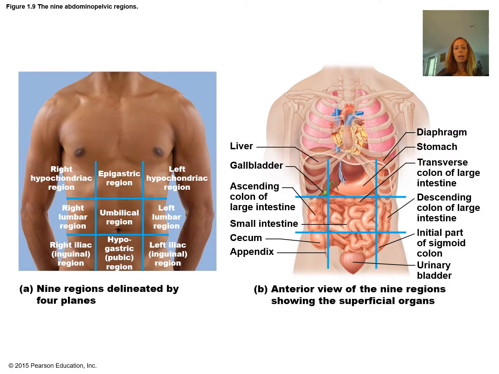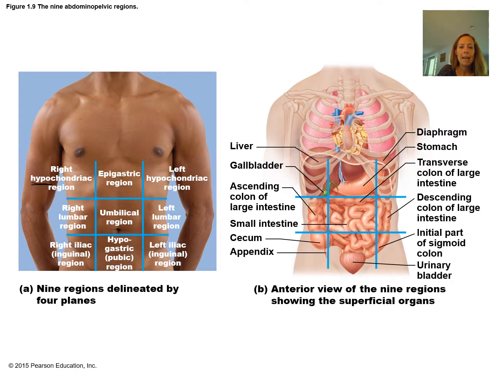So your abdominal pelvic cavity can be divided into 9 regions for when you discuss it. Okay, so you have some directional terms on where things lie. All right, for regions, you have your right hypochondriac. Hypo is below. Chondriac means cartilage, so it's going to be below your ribs.